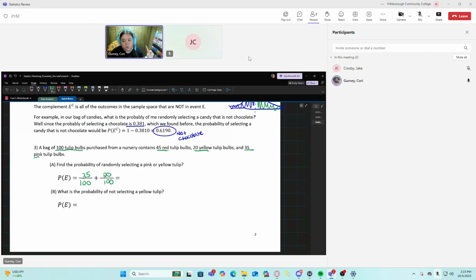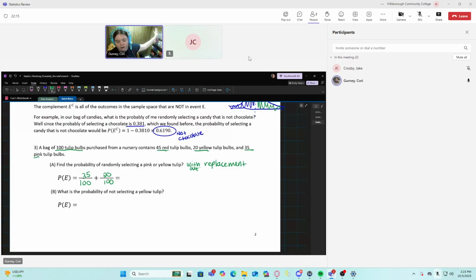Now, when we are doing this, there's one thing that will pop up later that we're talking about, and that is with replacement. If they do not say with replacement, that they are not replacing it, so they'll say without replacement. That is a very important phrase. That means they take the bulb out and they just put it off to the side.